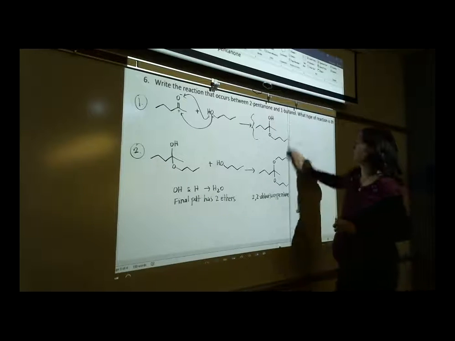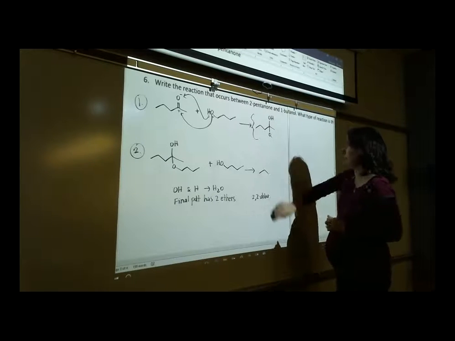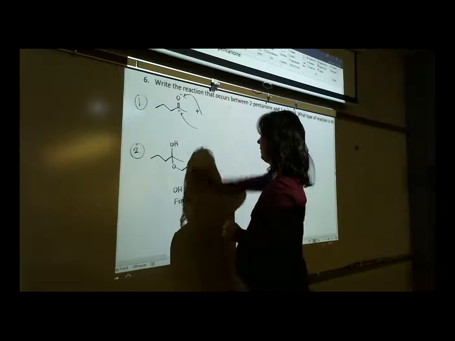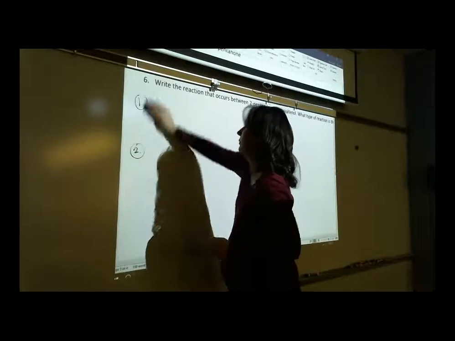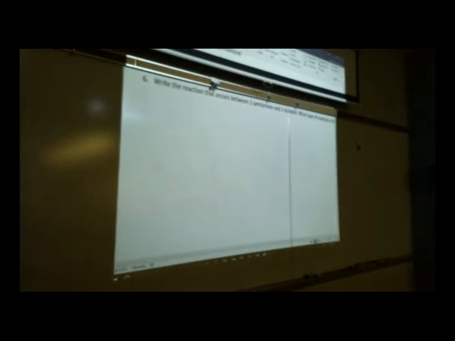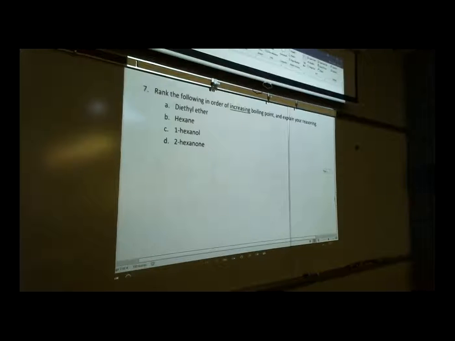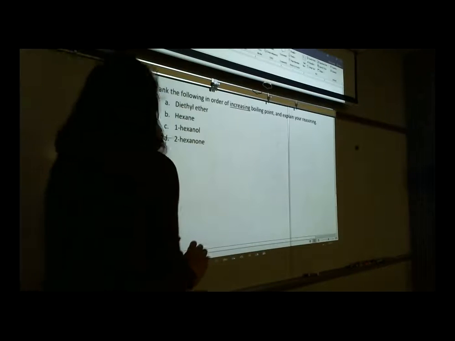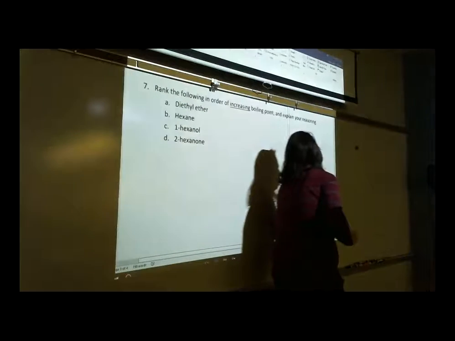And then number 7 is extremely easy by comparison, right? Because all we're doing in number 7 is ranking some boiling points. Rank in order of increasing boiling point, explain your reasoning. All right, let's draw all these molecules out.